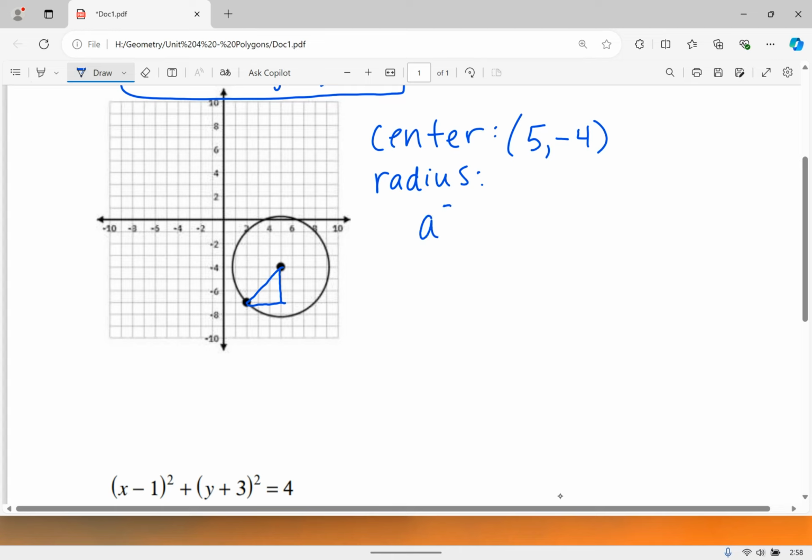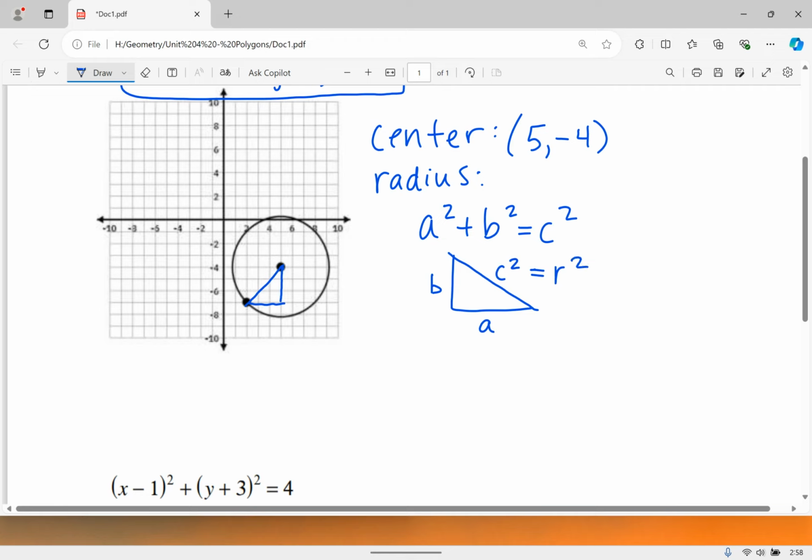If you remember, in the Pythagorean theorem, we used a squared plus b squared equals c squared. When I do my a and my b, those will be the legs of the triangle. C squared will be the hypotenuse.